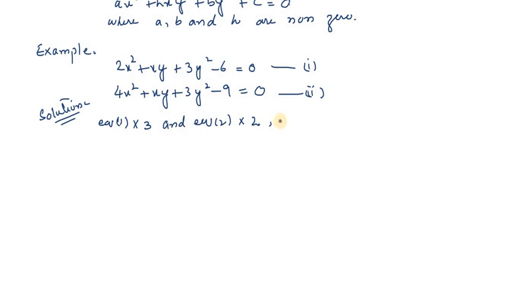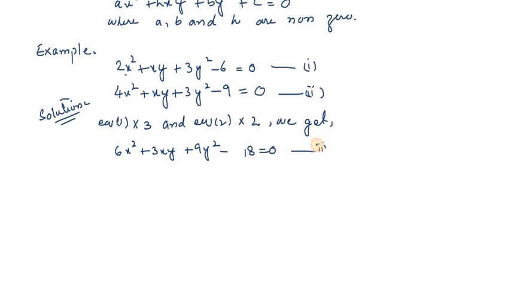So we get equation number 1 after multiplication by 3: 6x square plus 3xy plus 9y square minus 18 is equals to 0.